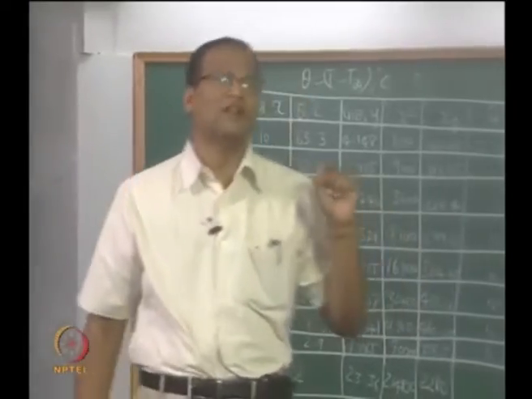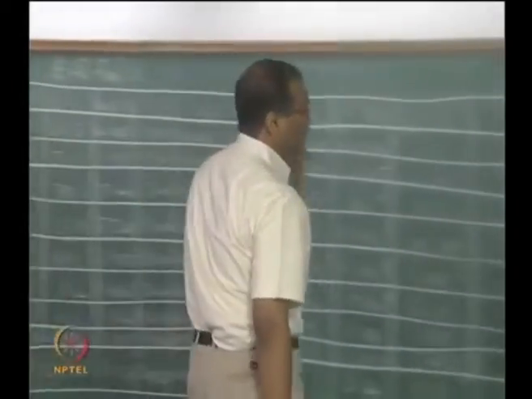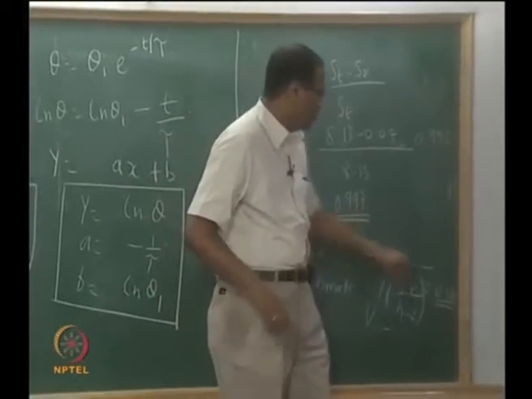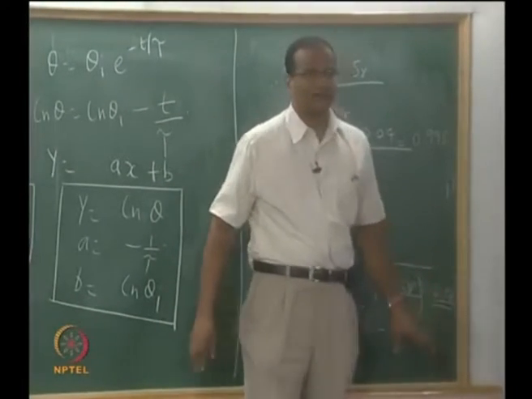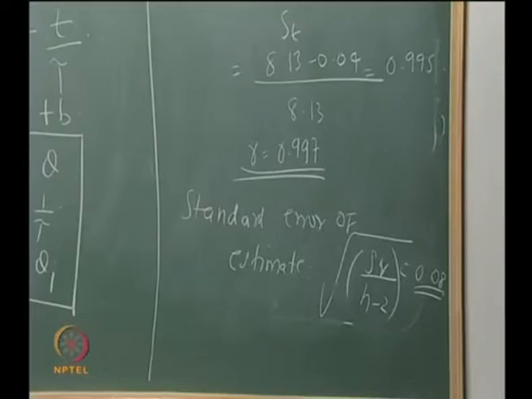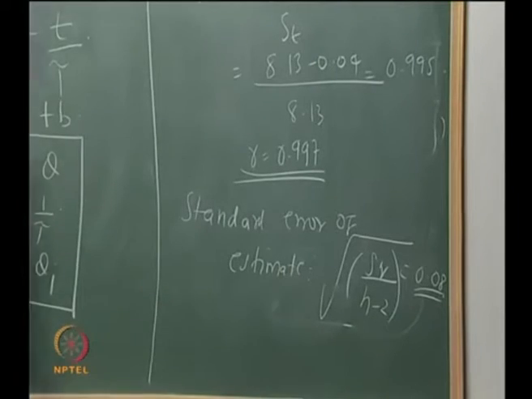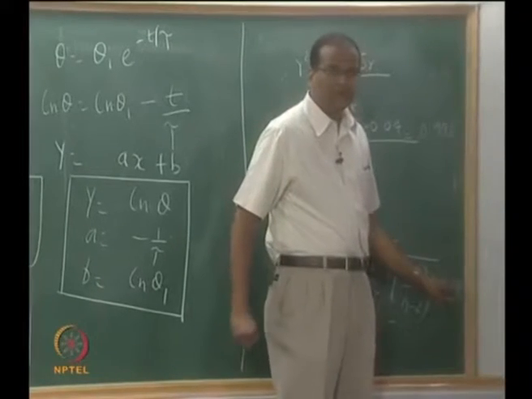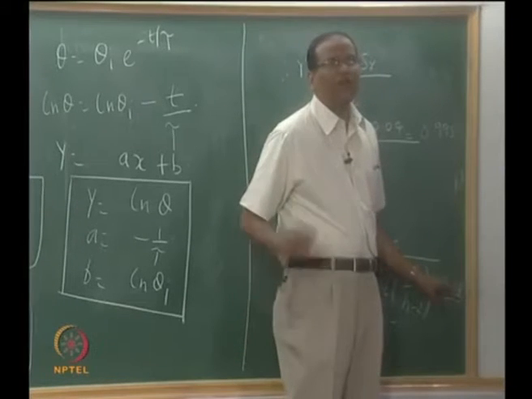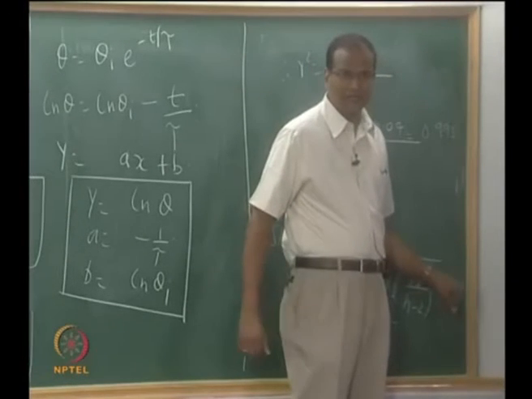So you can have 99% confidence that the theta will lie in that estimated value plus or minus 3 times 0.08. So that gives you the confidence level with which you can predict. So this is also an additional measure, it is an independent measure, okay. This is an independent measure of what is the confidence you have in the estimates.